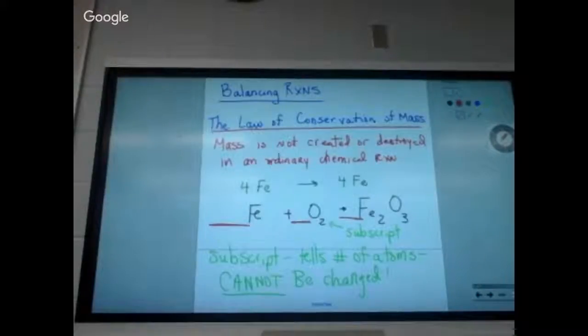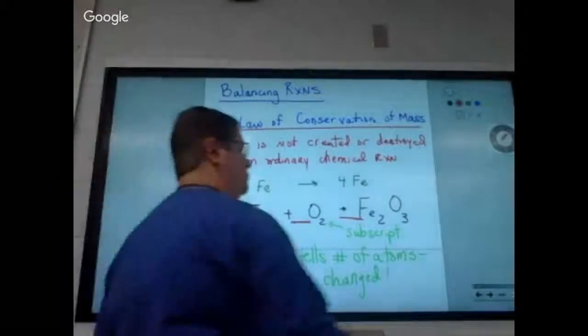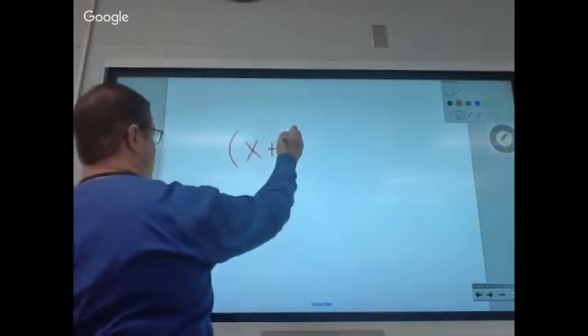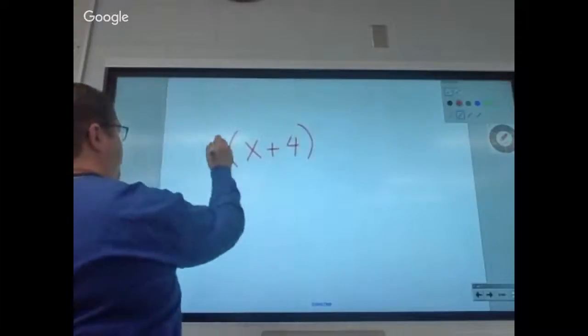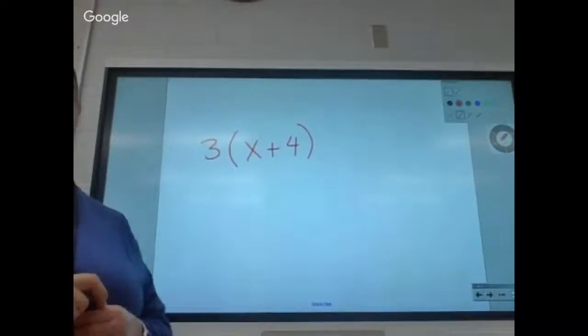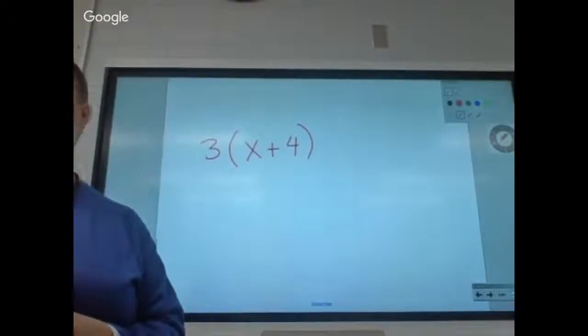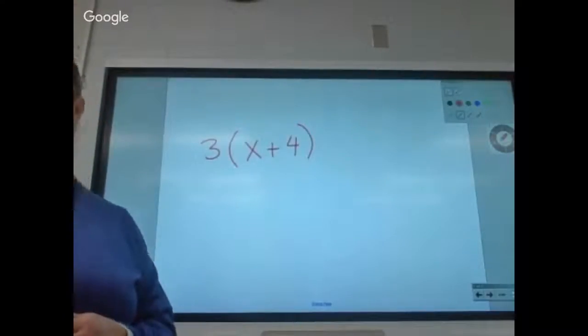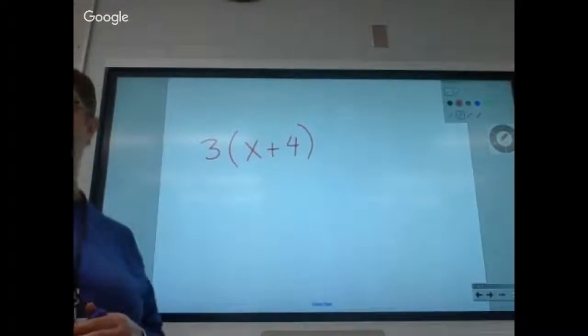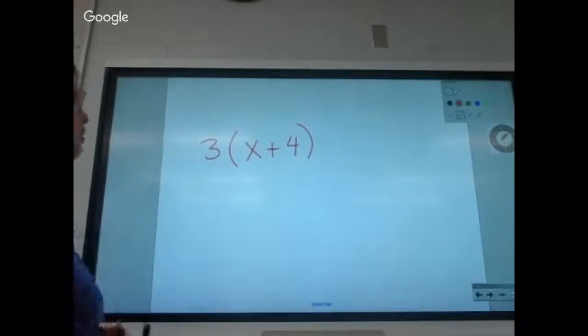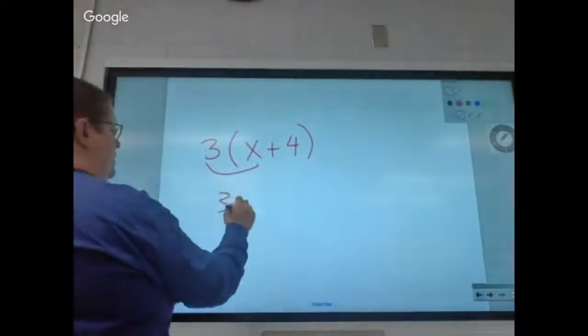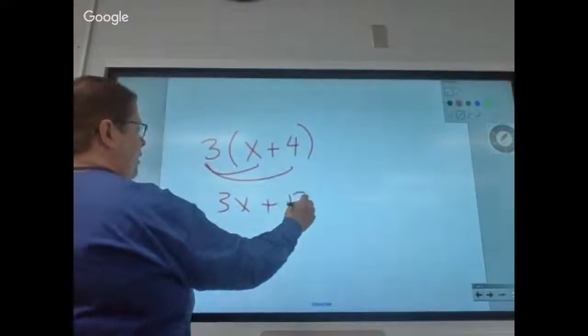Now, coefficients go out front. They work just like they do in math class. If you have x plus 4, and you put a 3 here, what does that 3 do? It multiplies and it distributes. So you know that that would be 3x, and that would be 12, right?